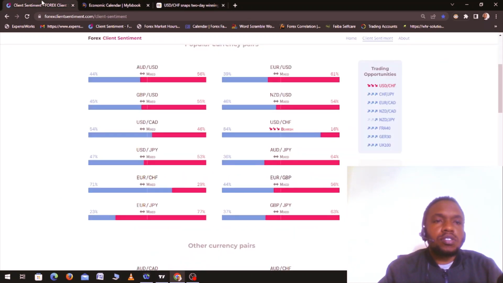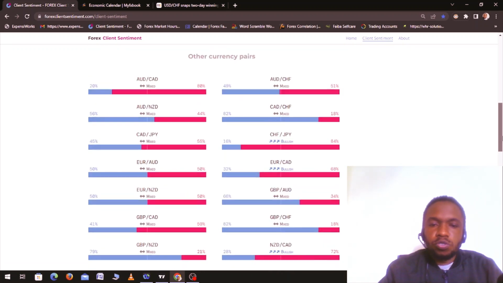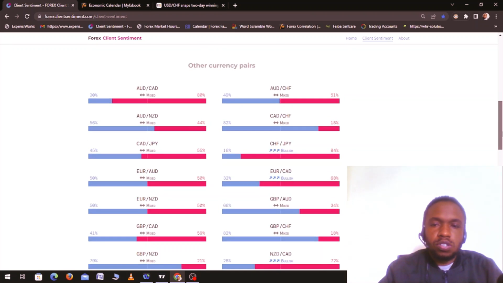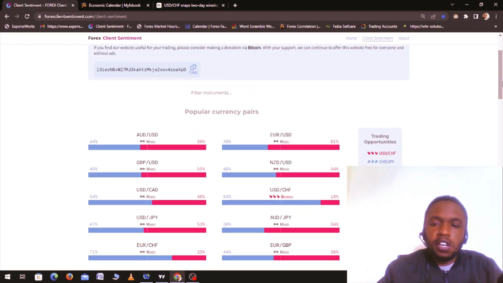So that's all for today, guys. I wanted to show you the things that I use to enter any trade. After doing my technical analysis, I also do my sentiment analysis and fundamental analysis. I must have a reason why I should enter that trade. And guys, one thing you should know is that this is a market of probabilities. You're never 100% sure.